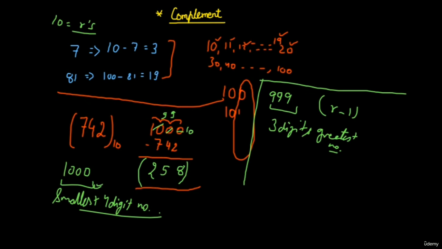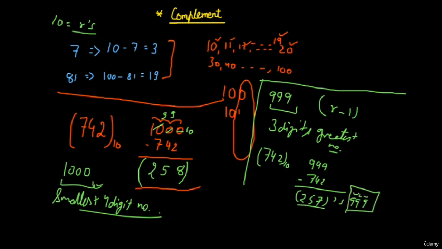In the biggest one, let's say we need to find 742's complement again, but this time we need the r minus 1 complement, or 999, which we wish to use. So 999 minus 742. What is going to be our answer? Well, our answer is going to be 257. So this complement is on the basis of 999. The number of digits is the same here, just the greatest number.